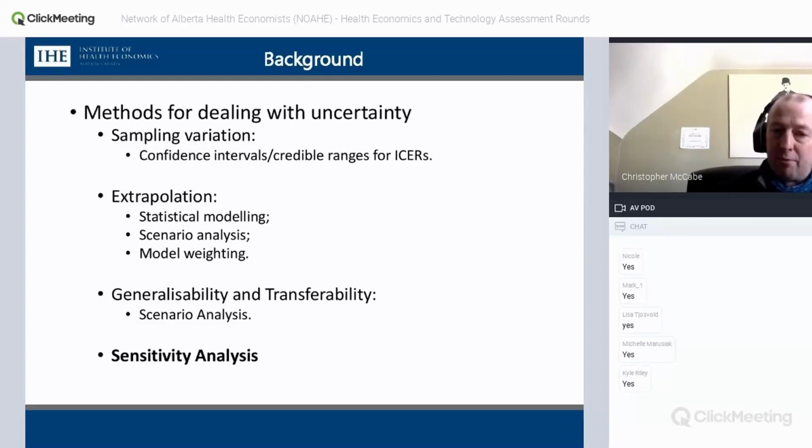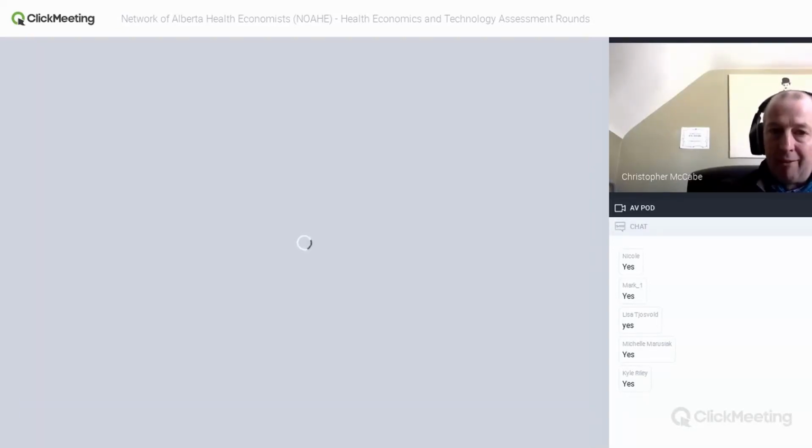Generalizability and transferability we frequently address through scenario analysis. And sensitivity analysis is kind of the umbrella term for a lot of these analytical approaches to quantifying and determining the importance from a decision-making perspective of the uncertainties that we have.